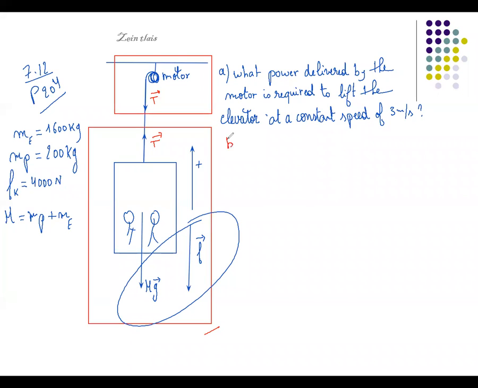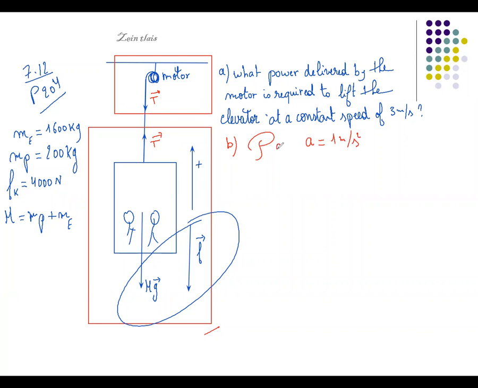Now, part B, we have to calculate the power if the motor will push up the elevator with some acceleration. Let's say a equals 1 meter per second squared.